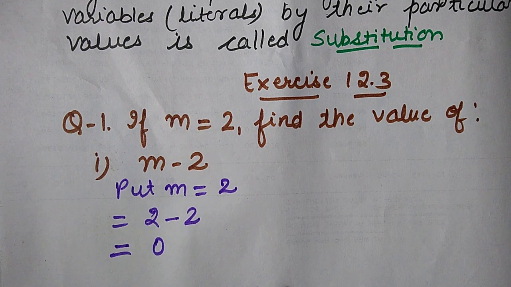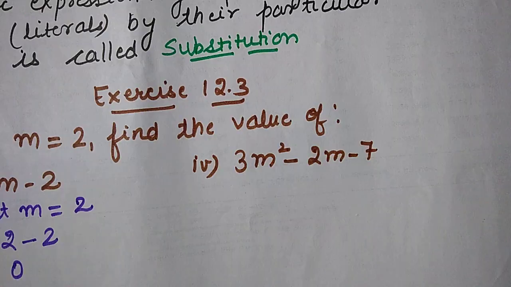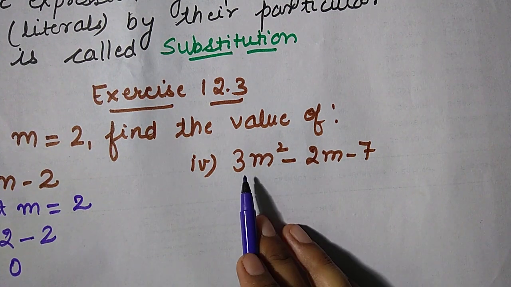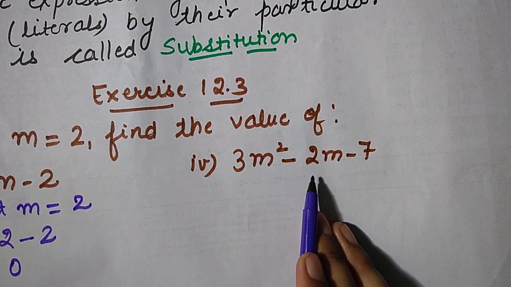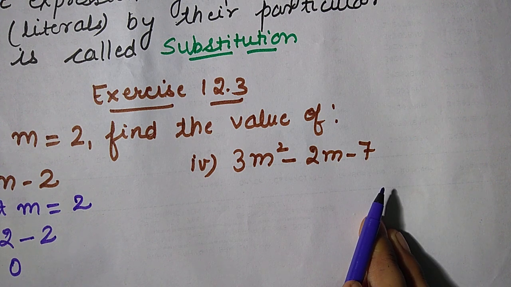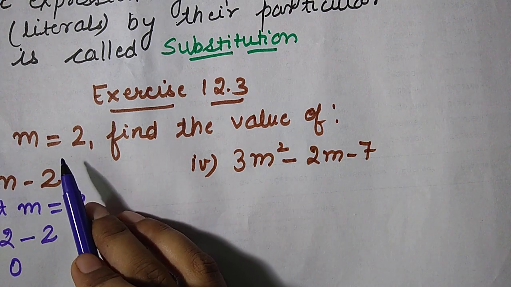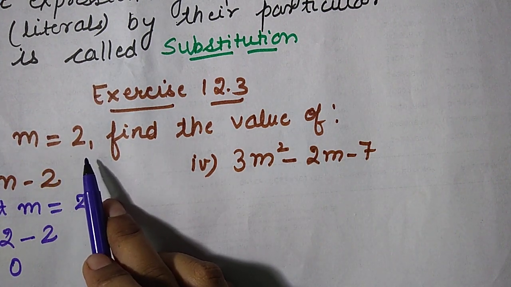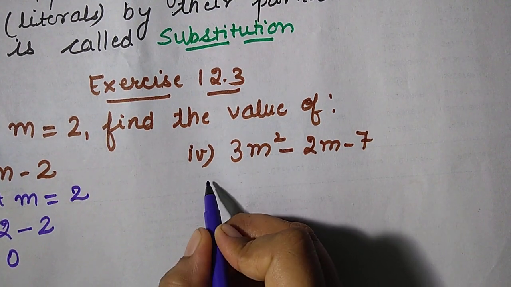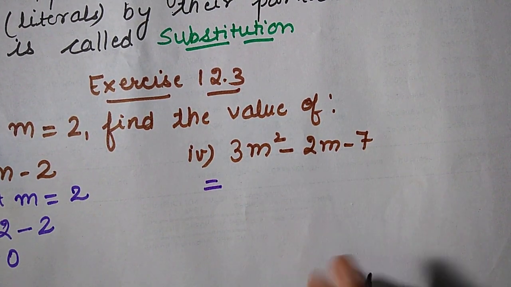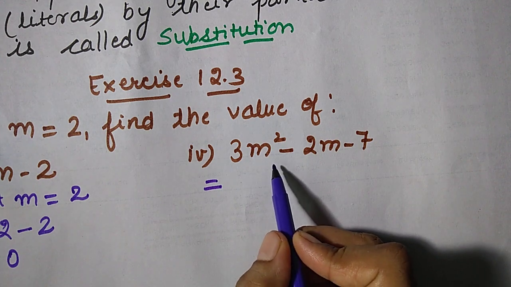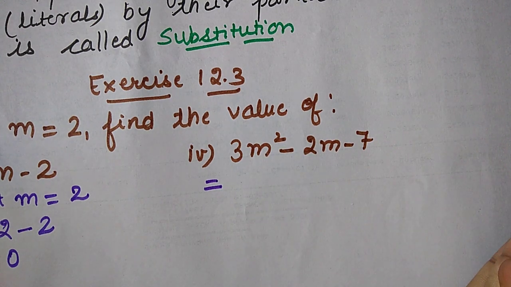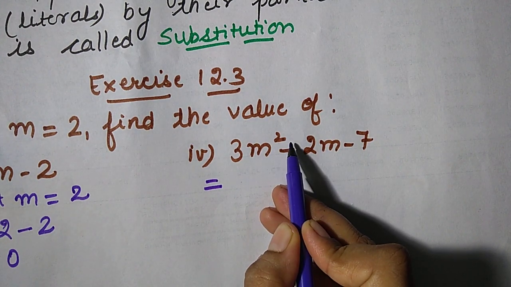Okay, now come to the next part. Next part I am taking is part 4. So the fourth part is 3m square minus 2m minus 7. Okay, we have to put m is equal to 2. So first what you will write, as we are observing that here the power of the variable is given, m raised to the power 2.